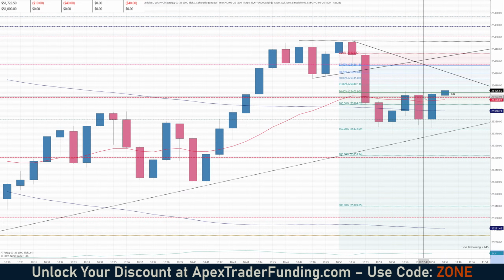Alright, so now you simultaneously have this bearish move from 10:53 and you have this bullish move from 10:59. You have conflicting interests right now.